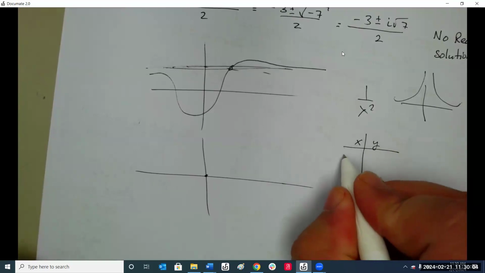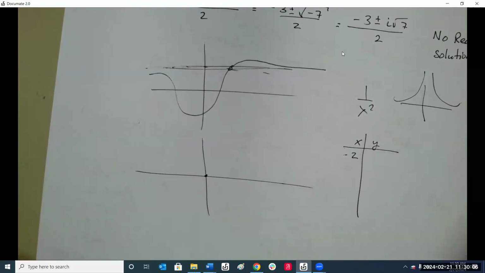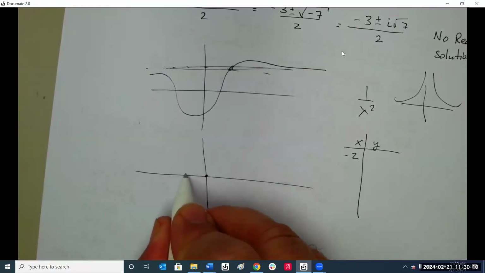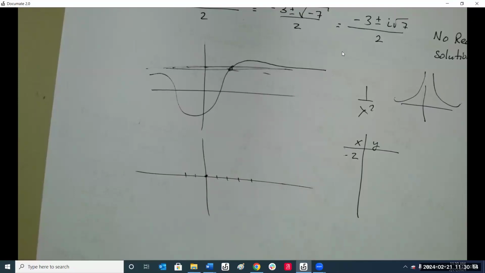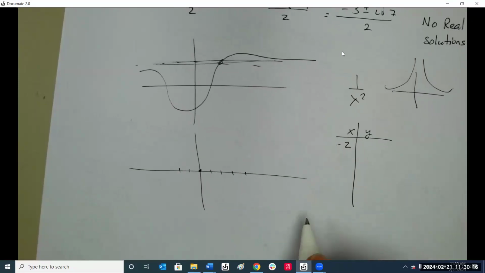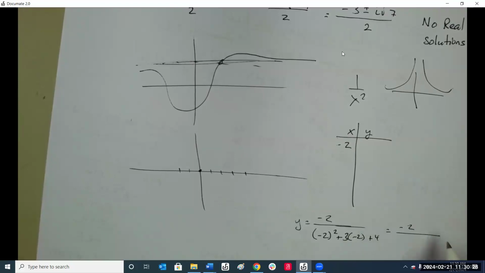So when x is -2, what's y going to equal? -2 over (-2) squared, minus 3 times -2, plus 4. -2 over 4 plus 6 plus 4.